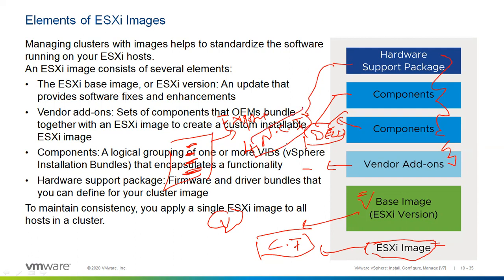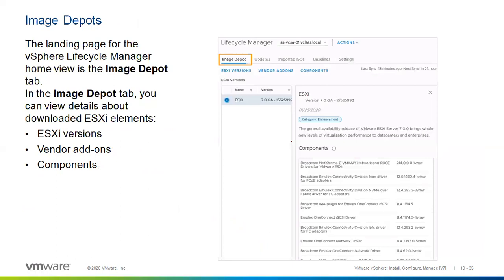Now you are saying, sir, I don't want to go with the default baseline option. I want to do the upgrade with the help of this custom image. So vLCM gives you a choice, like you see here. This is my image depot. Under image depot within vCenter, I have the choice of creating the custom image with additional components.